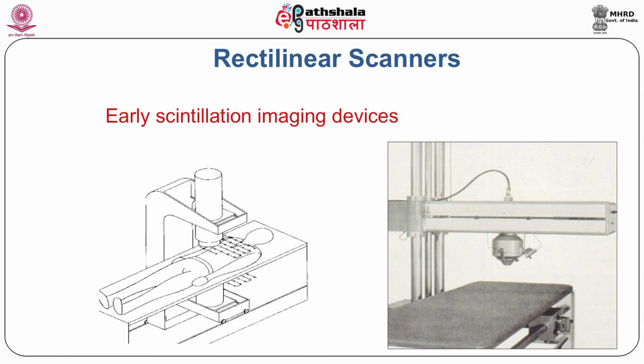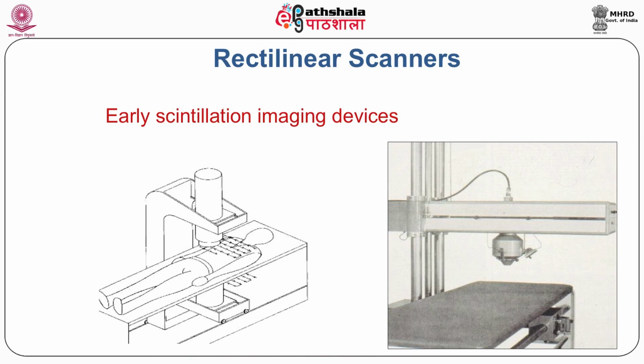As we were saying, the first important device by which we were able to diagnose with these radionuclides was a rectilinear scanner, which contains a probe. Whenever a signal comes and hits the PM tube, a signal is generated and the probe records it on a particular page.